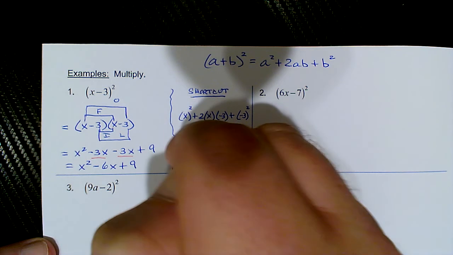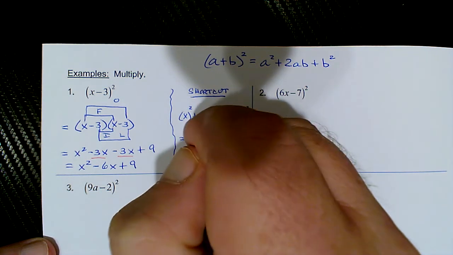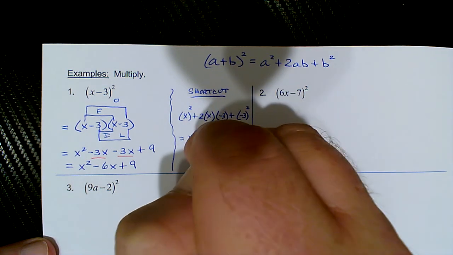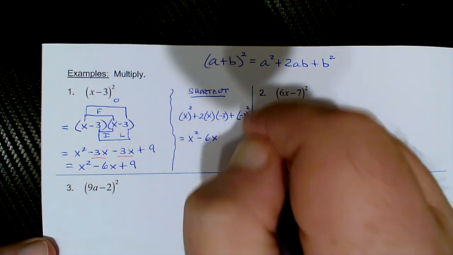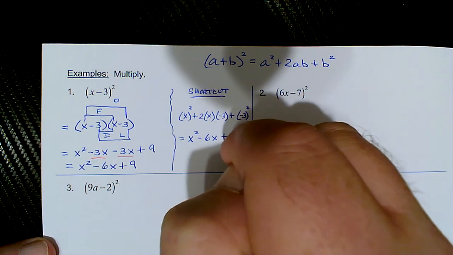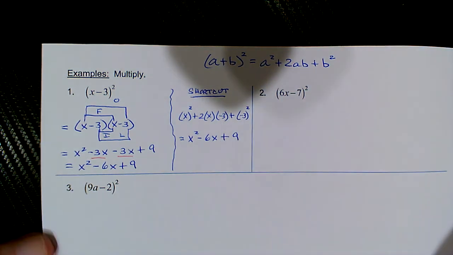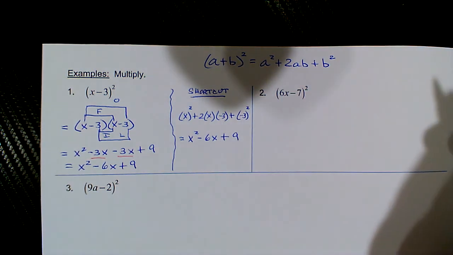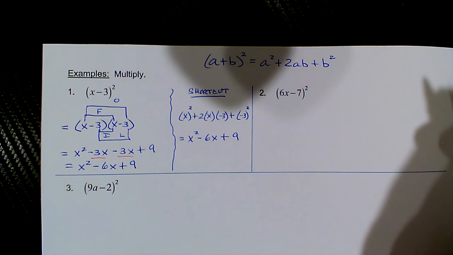And then that gives us x squared, 2 times x times negative 3, negative 6x, and then negative 3 squared is positive 9. And of course we get the same result. So it's your choice. You could use the shortcut method or FOIL.